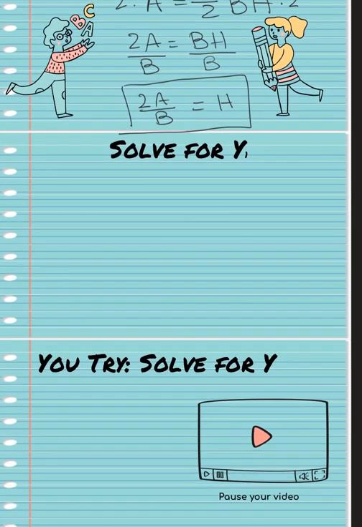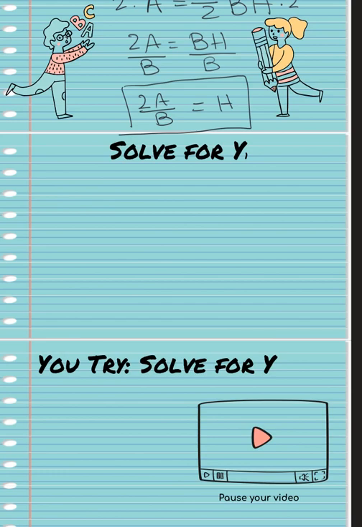In the next example, we are solving for y. So I have m is equal to y2 minus y1 over x2 minus x1. Here, I'm solving for y sub 1, so I want to get this y1 by itself. The first step: we look at fractions as division.